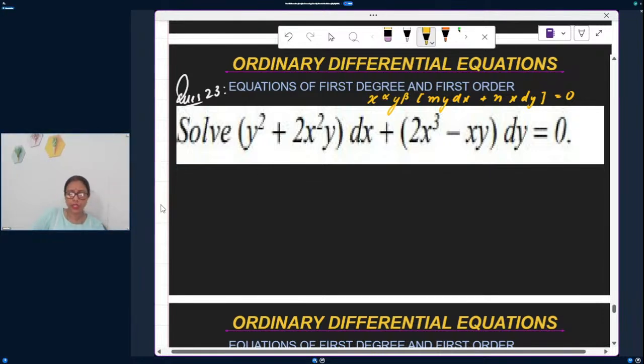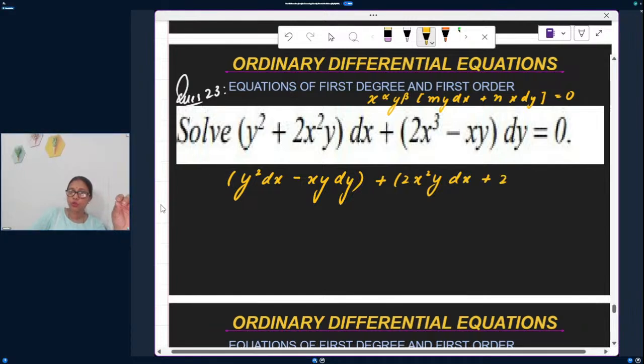So instead what I can do, this is dx, this is dy. You can combine the terms of dx and combine the terms of dy. For example, here this is y square dx, and the last term with dy I can combine, plus 2x square y dx plus 2x cube dy is equals to 0.